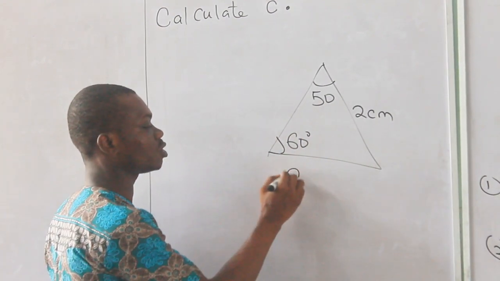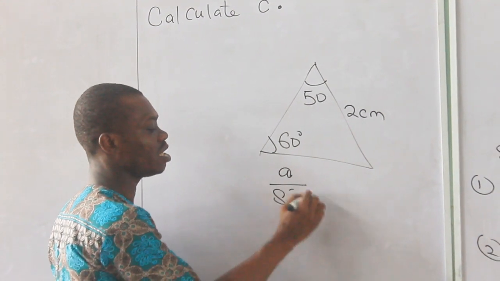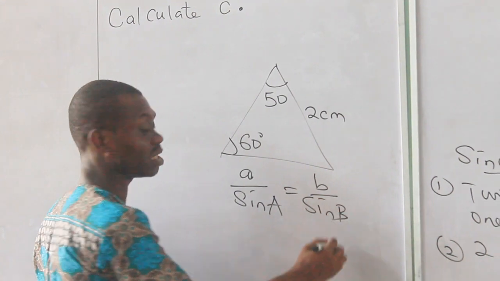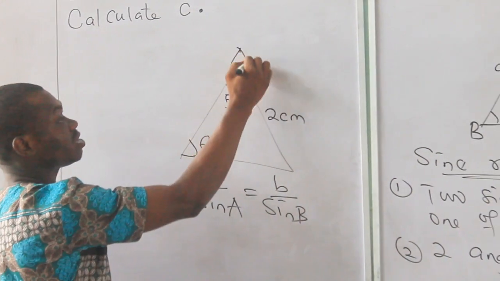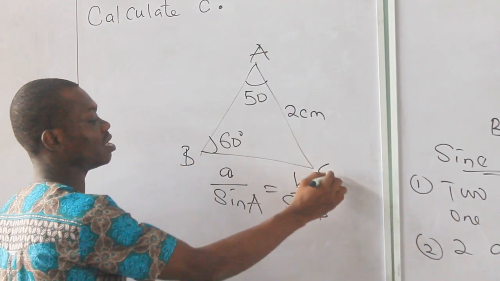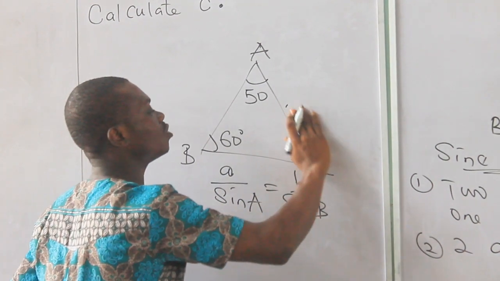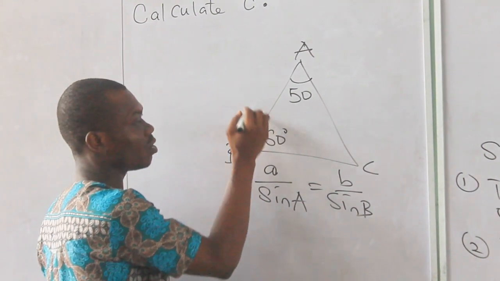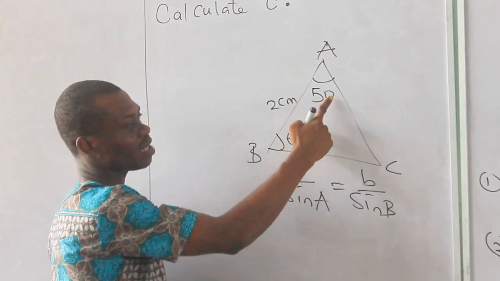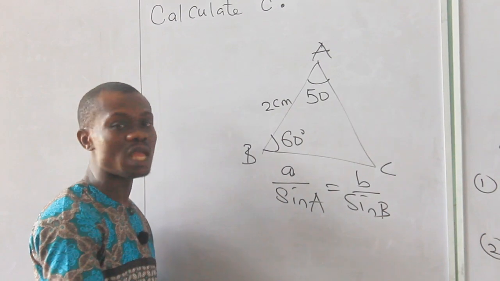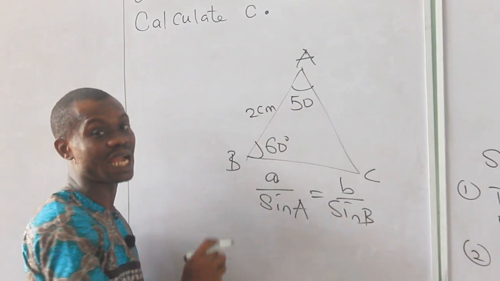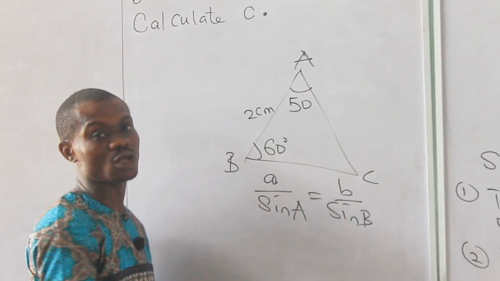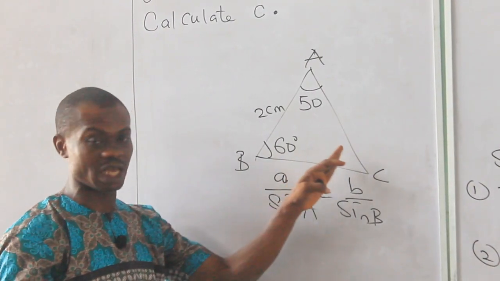You recall that the formula is a over sine A equals b over sine B. For example, let me use these two. Let's take it that here is my ABC. Let's even assume that I was not given this; it was C that was given as 2 cm, and you can see that angle C is not given. For me to make use of this side c, I will need the angle C. So all I need to do is use the sum of angles in a triangle to get this.